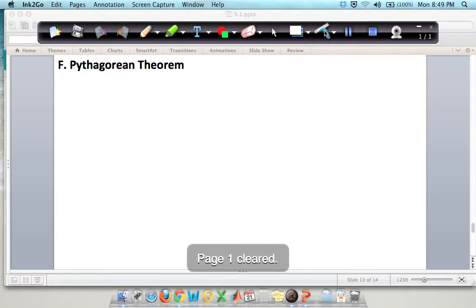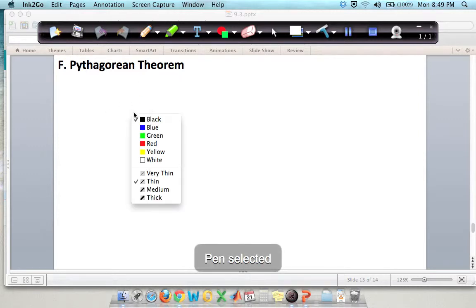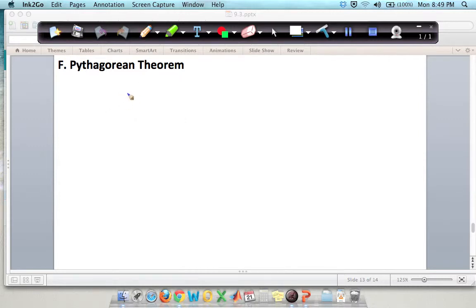Okay, and then the last thing we're going to look at is the Pythagorean theorem. Let's draw this out first. It applies when you have a right triangle. So let's say I have a right triangle here. Remember, right triangle means I have a 90-degree angle.